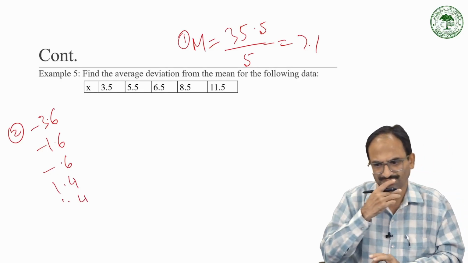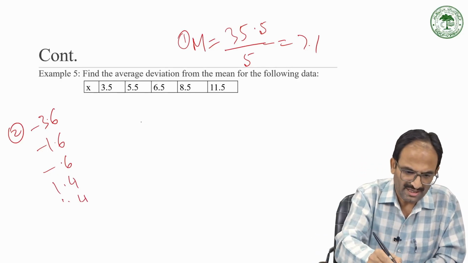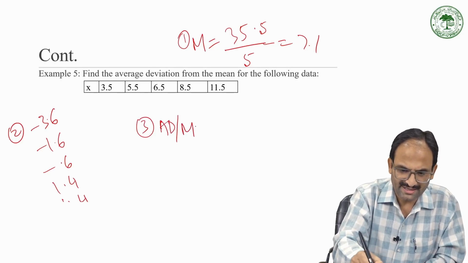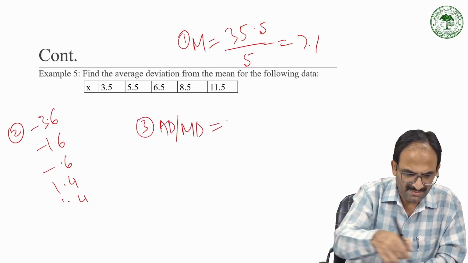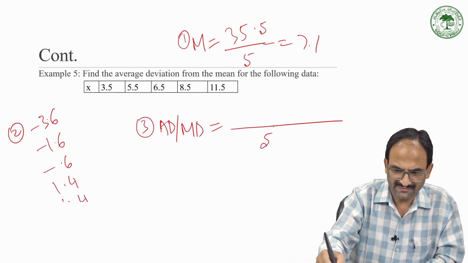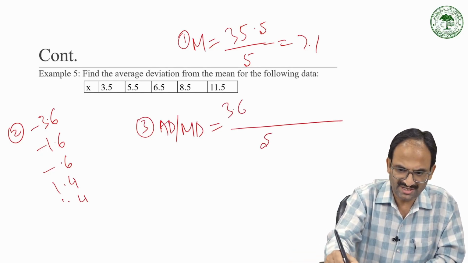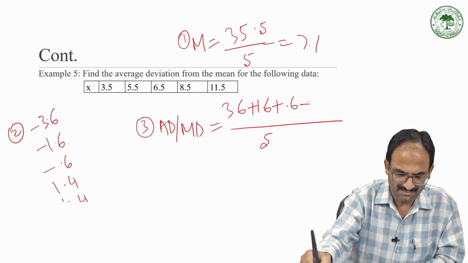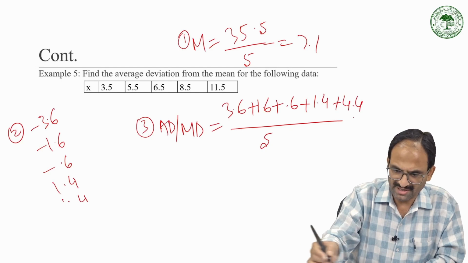Now in the third step, AD or MD is equal to the sum of all these values divided by 5. So 3.6 plus 1.6 plus 0.6 plus 1.4 plus 4.4 divided by 5.